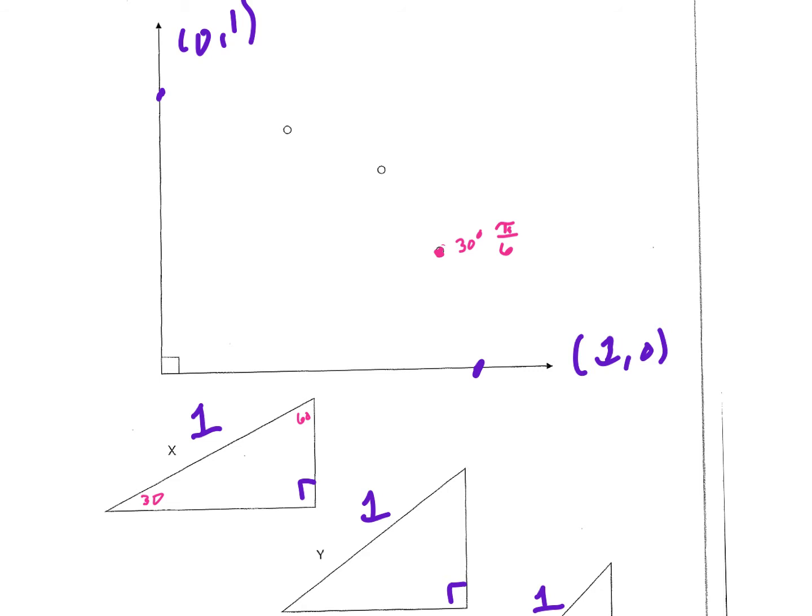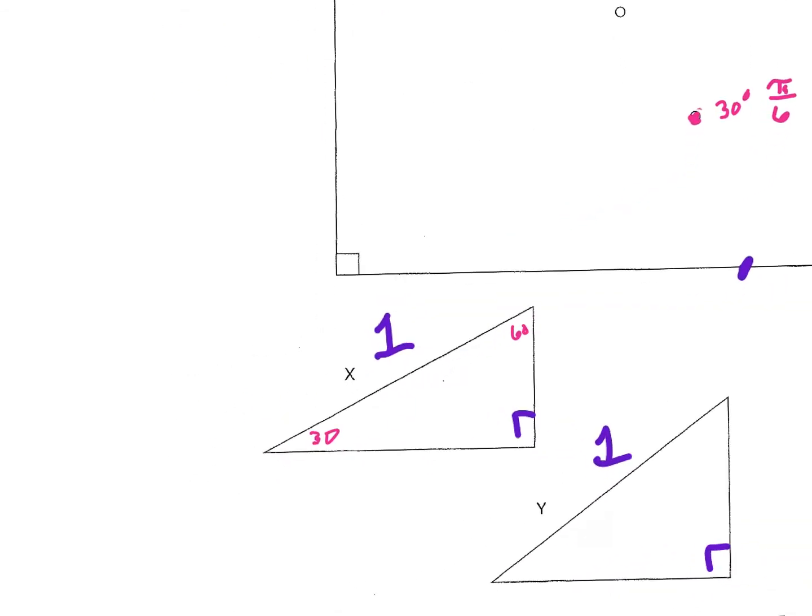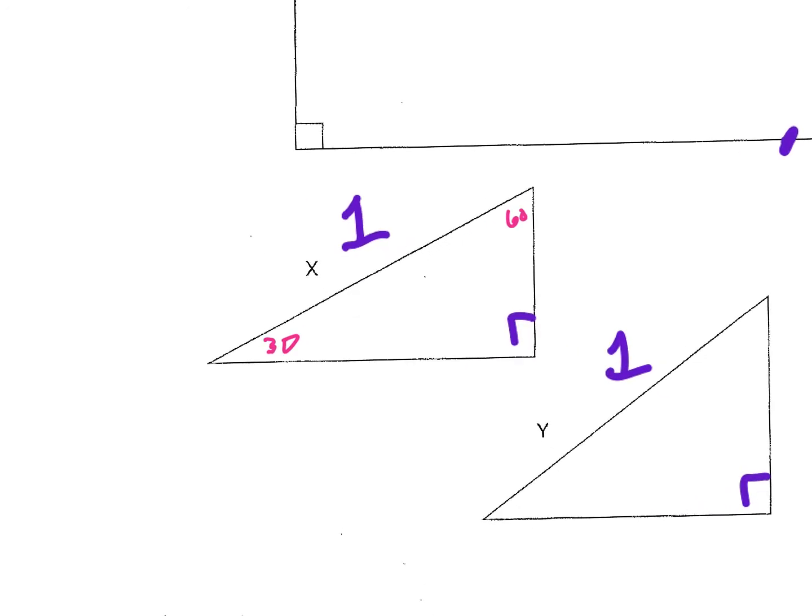So I need you to think about what we know about a 30, 60, 90. What's the relationship of the sides? Think back to your geometry days and your special triangles. The relationship is 1, square root of 3, 2. All right? So that's for our 30, 60, 90 triangle. Now the issue is, in this particular case, it's telling us that our hypotenuse has to be equal to 2.